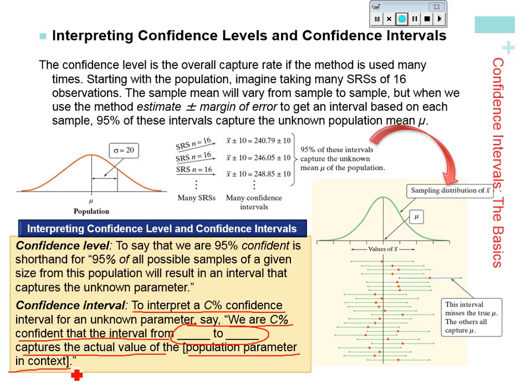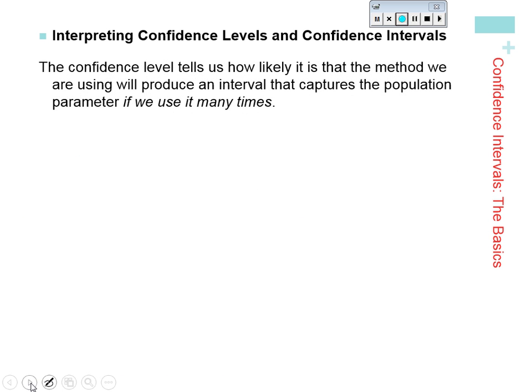So that's what we're measuring, or what we're looking to estimate about the population. That's the sentence structure you want to use to interpret both a confidence level and a confidence interval.